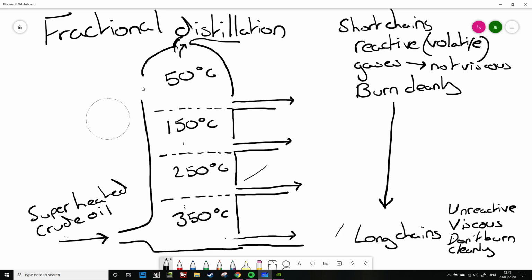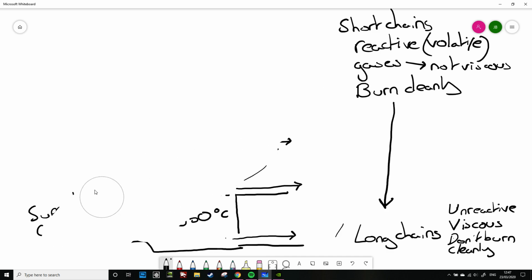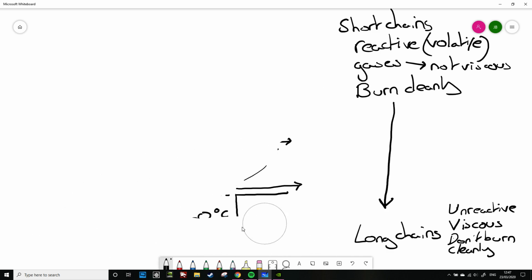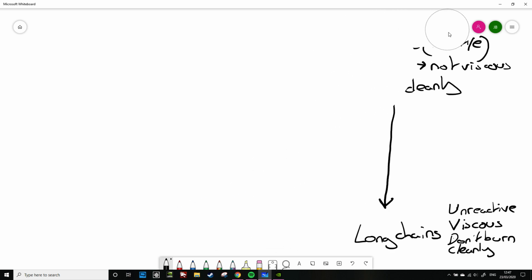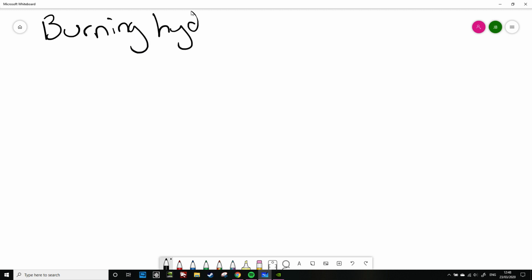Now we're going to move on to burning of hydrocarbons.